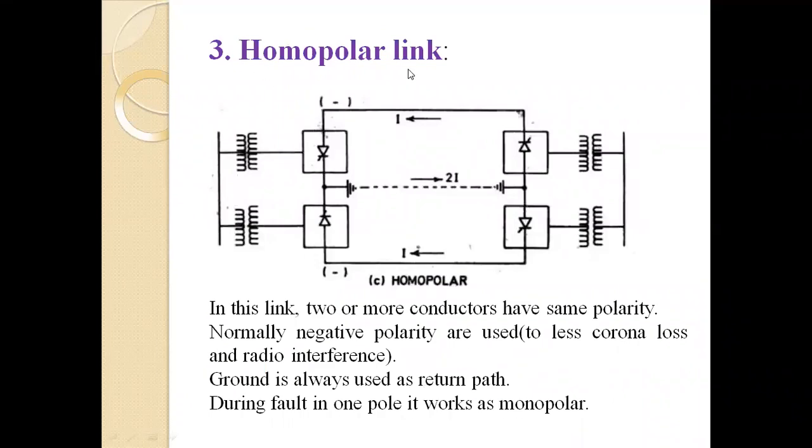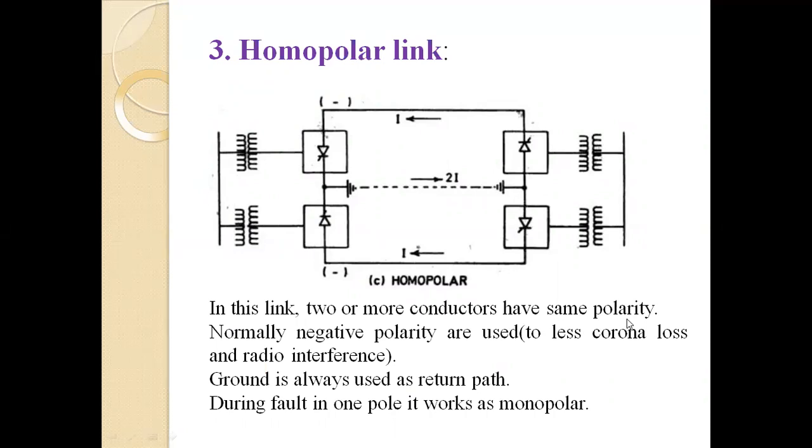The third type of DC link is the homopolar. Like bipolar, there is a homopolar link, but here both conductors use the same polarity, negative. The step-up transformer is connected to the AC source and the step-down transformer is connected to the receiving end, and the converter converts the AC into DC.